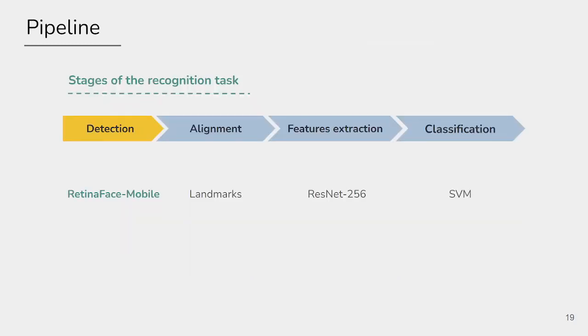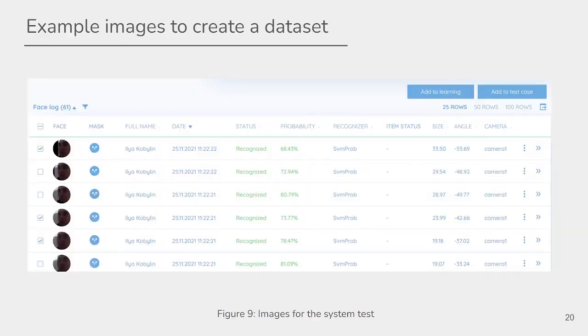The selected detection method was used in the recognition system that consisted of the following components. This slide shows an example of real-world images from which the testing dataset was created to measure the quality of recognition.